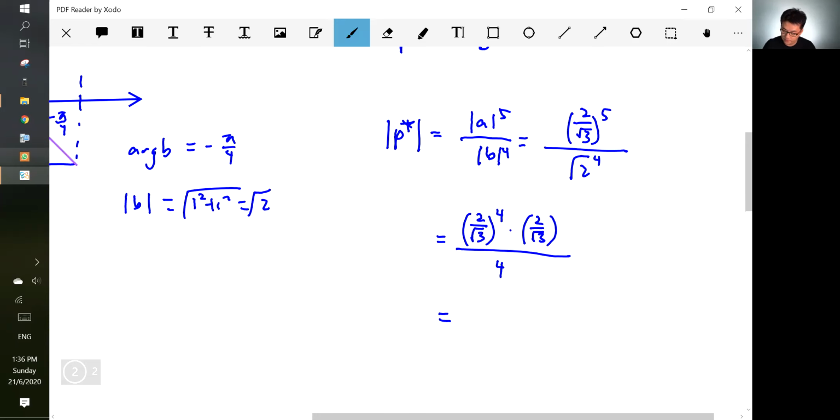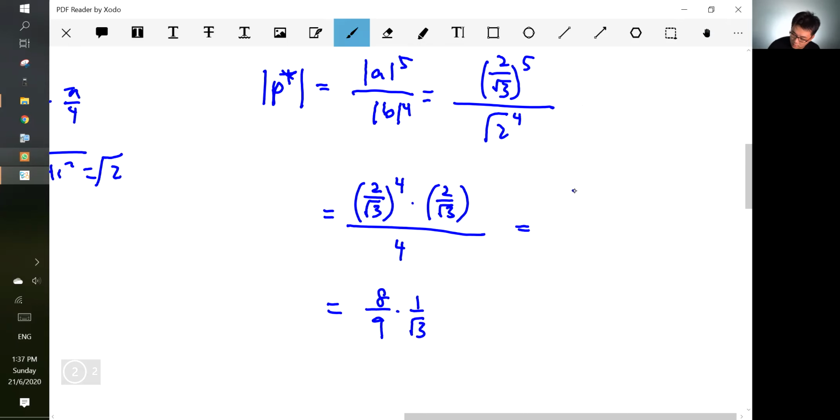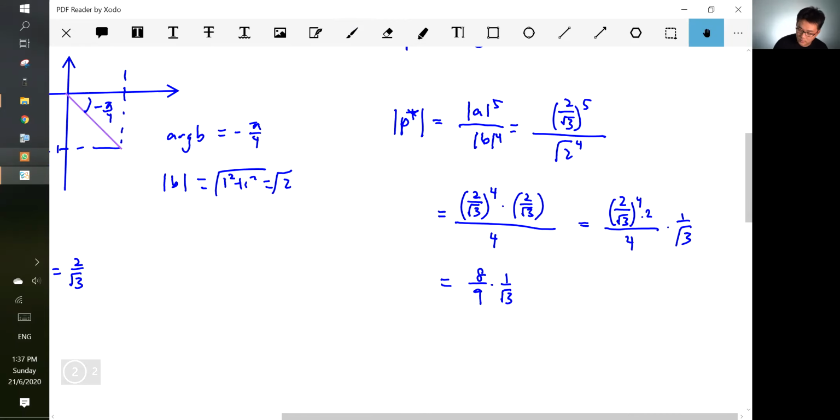Just key in calculator. 2 root 3 about 4 times 2 over 4. Okay. There you go. This is mod P.